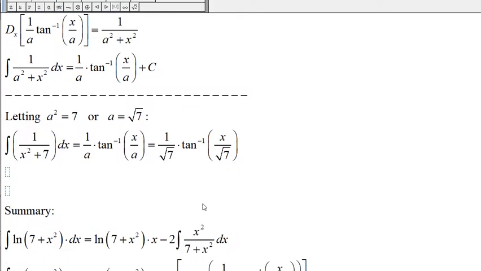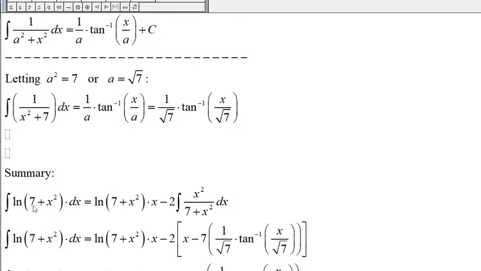And so in summary, earlier we have the integral of the natural log of 7 plus x squared is equal to this, and then minus 2 times the integral of x squared over 7 plus x squared.